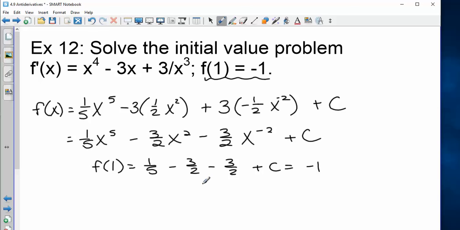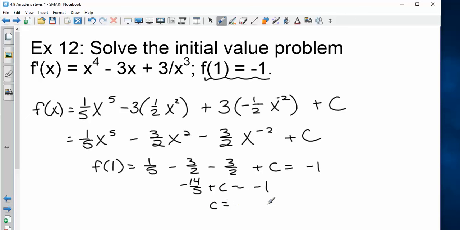So if you do your 1/5 minus 3/2 minus 3/2, negative 14 over 5 plus c equals negative 1.